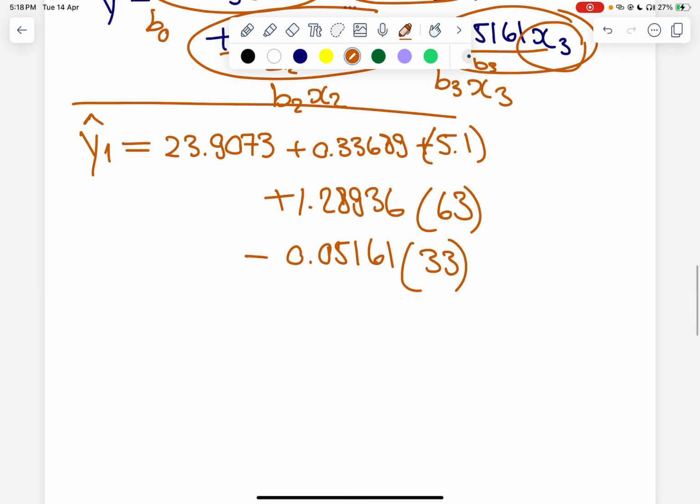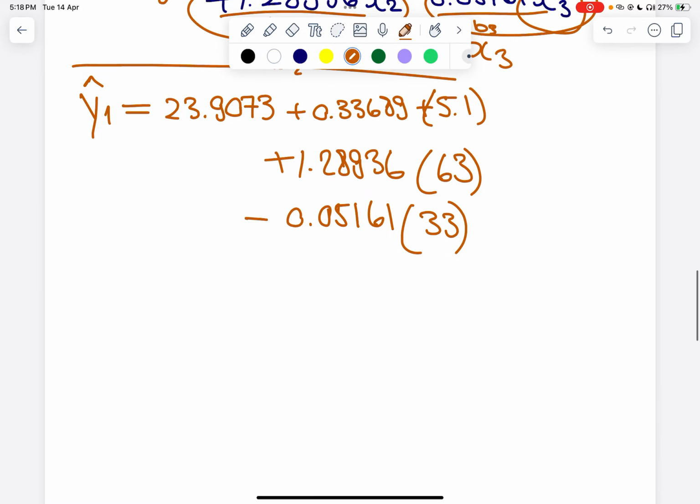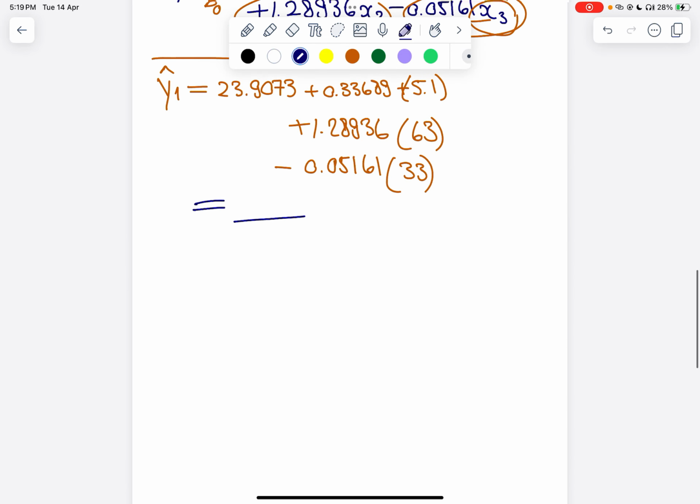Okay, let me just calculate this real quick. Sorry, my calculator is bugging, but basically you're going to get some answer when you do this.